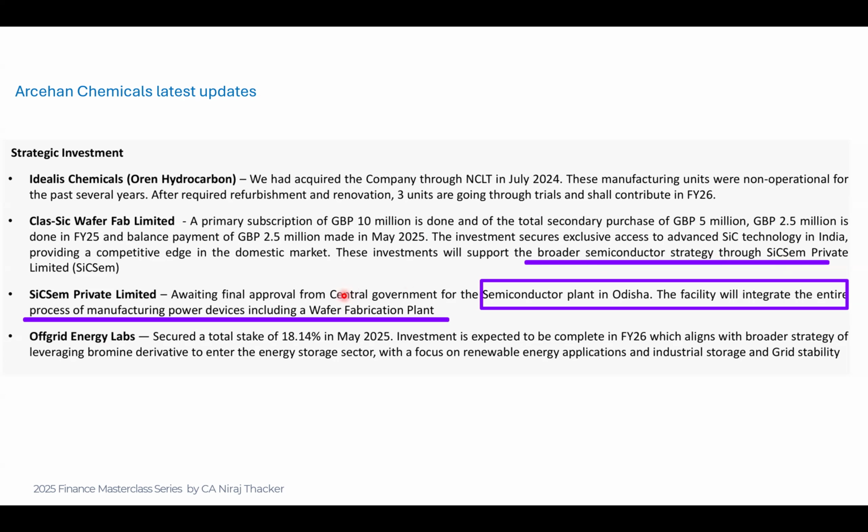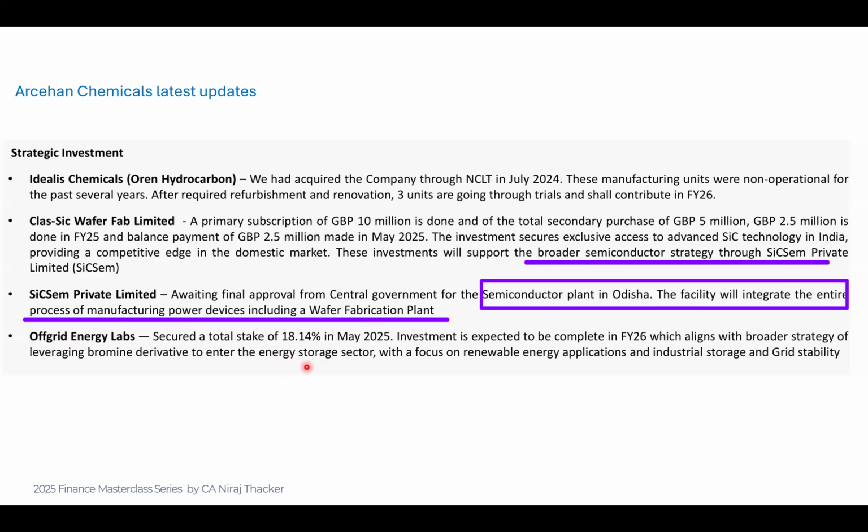Third, they're putting up a semiconductor plant in Odisha. The facility will integrate the entire process of manufacturing power devices, including a wafer fabrication plant. And fourth is Off-Grid Energy Labs, where they have about an 18% stake. That's the energy storage sector.